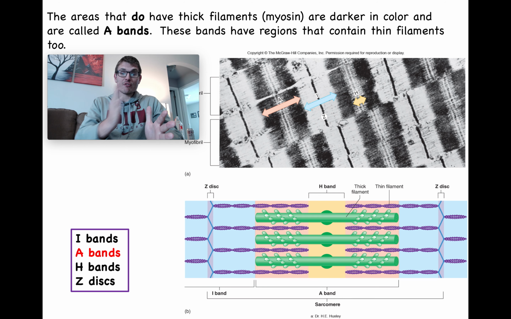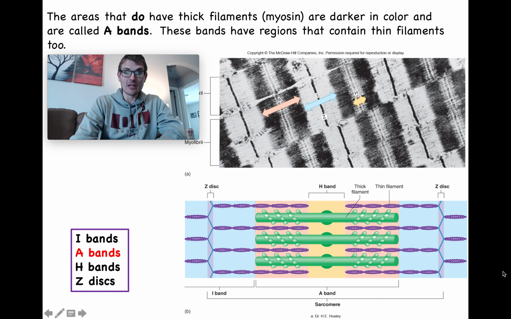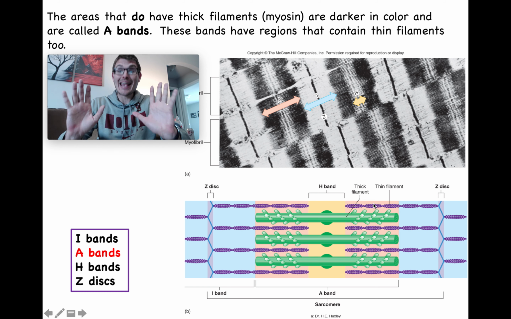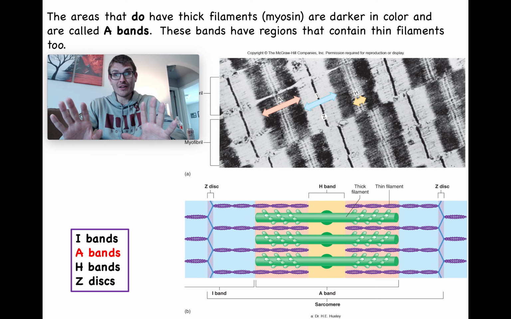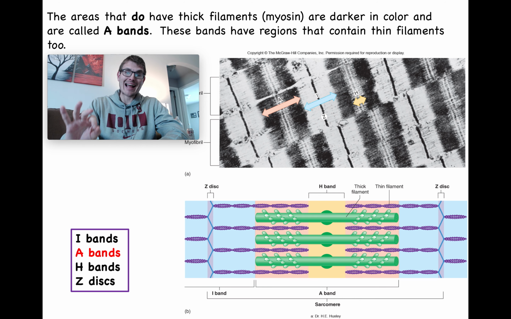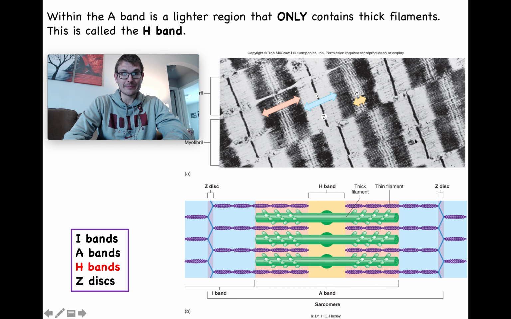Every single bit from head to tail of the thick filament is contained within the A-band. So if you look down here, the A-band stretches from one side of the thick filaments to the other. You'll notice the A-band contains a region that is only thick filament, but also regions that contain both thick and thin. The A-band is allowed to contain some thin filaments. The only necessary thing that we use to define the A-band is that it completely contains the thick filaments. So just want to make sure that we understand that.